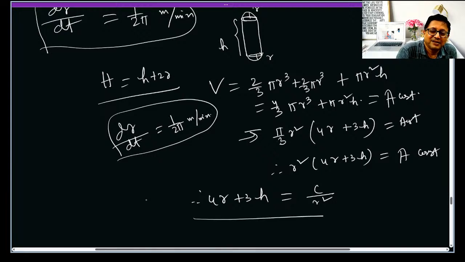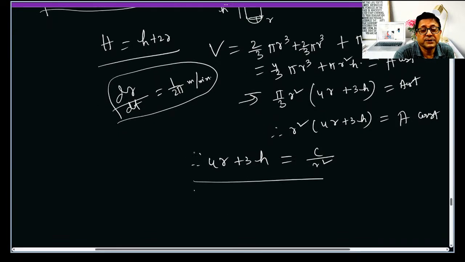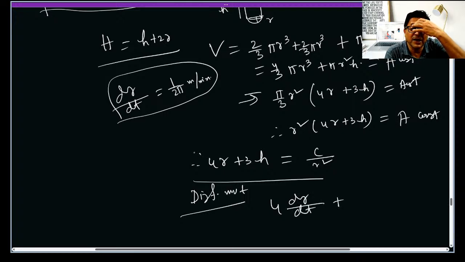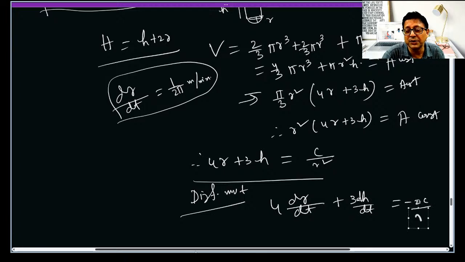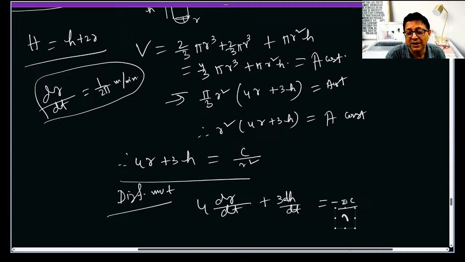Yes. Now what to do? Which one is given? dr by dt given. So straightforward differentiate. Differentiating with respect to t: 4 dr by dt plus 3 dh by dt minus 2c by r cube dr by dt.